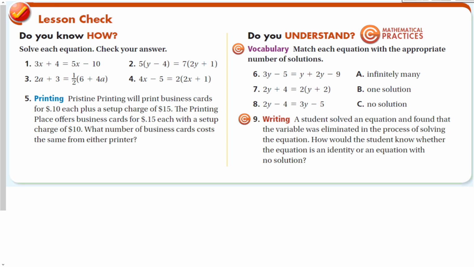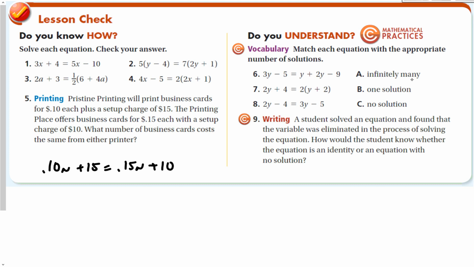So we're going to set up the equation. It's going to be 0.10 times the number of cards plus 15 bucks. We want to know where that is the same as 15 cents times the number of cards plus 10 bucks. I would start by subtracting 0.10 from both sides, subtract 10, and solve.